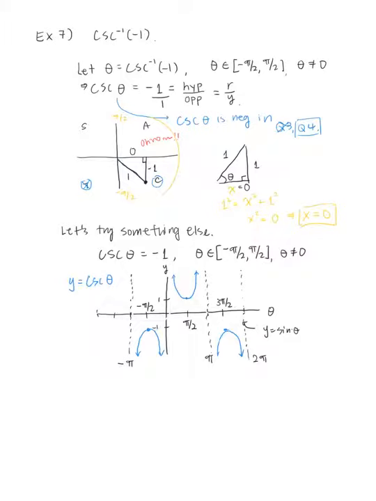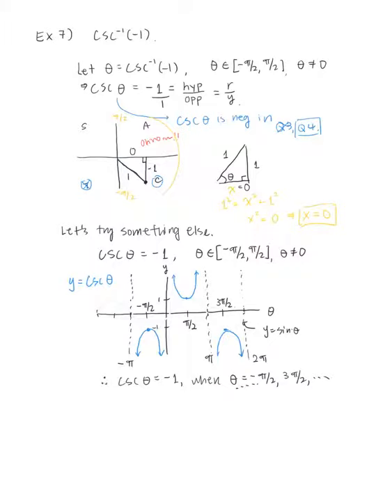I hope you can see that. Let me write it out. So therefore cosecant of theta equals -1 when, the way I drew it, theta equals -pi/2 and 3 pi/2, and so on, starting from here.